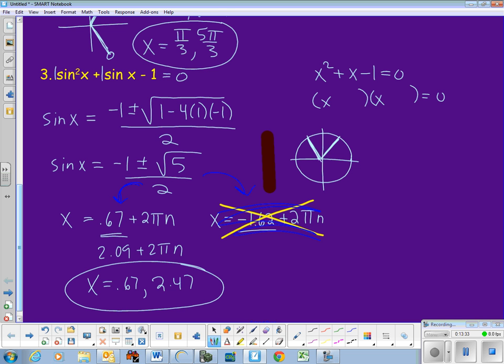The other answer gave me two possibilities. If you eliminate all the calculator typos that I made, you're able to get to 0.67 and 2.47. And once again, these are solutions to the equation, so plug them back in and make sure it's right.